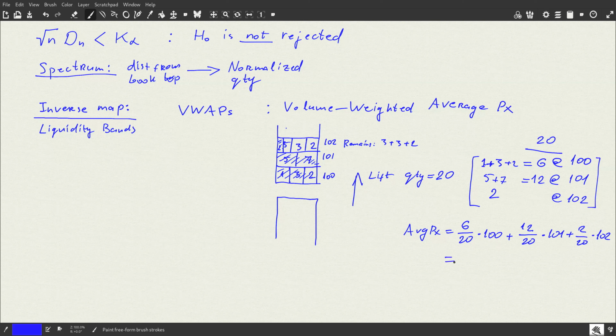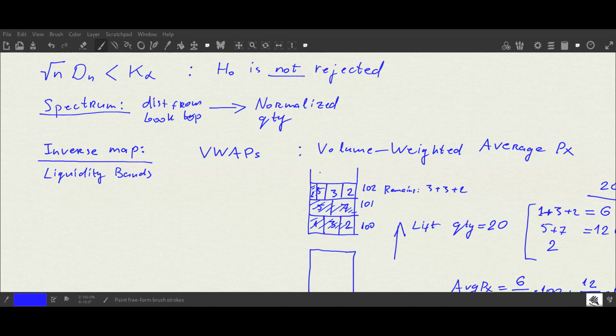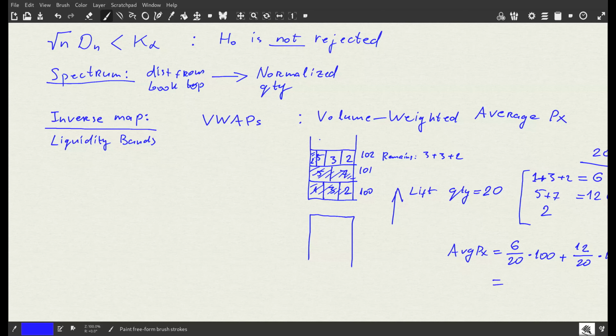So you can compute what it is actually. Let's do a simple calculation. What we get in this case: 6/20 times 100 plus 12/20 times 101 plus 2/20 times 102. The average price is exactly 100.8.